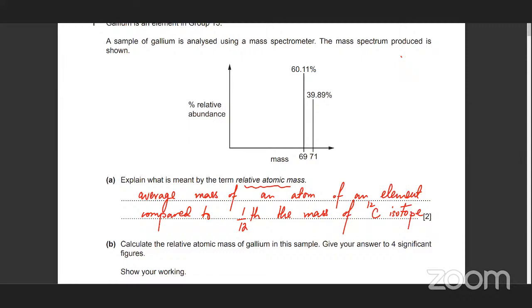Atomic mass unit इसका reference होता है.